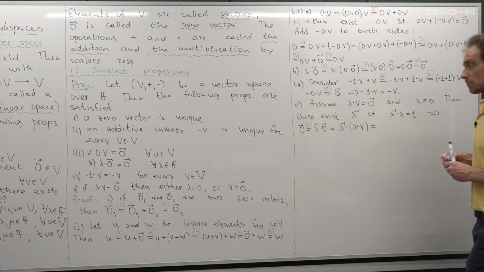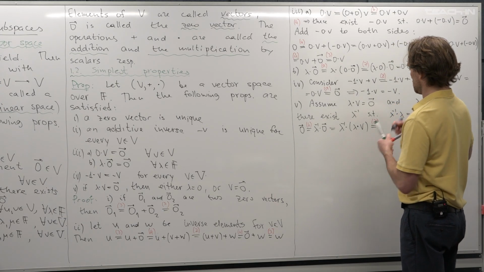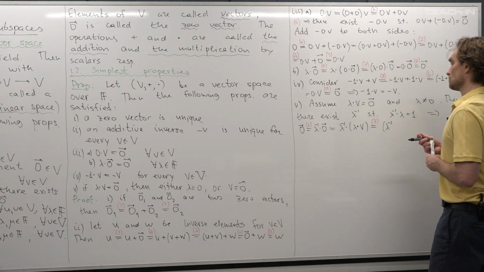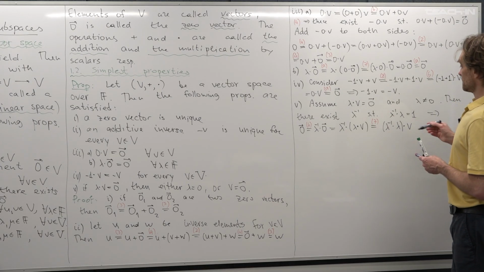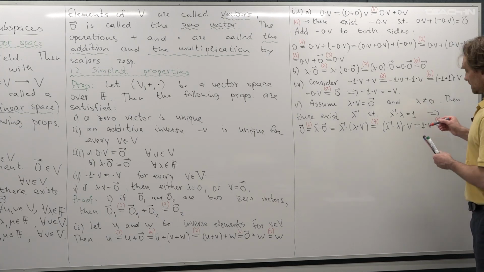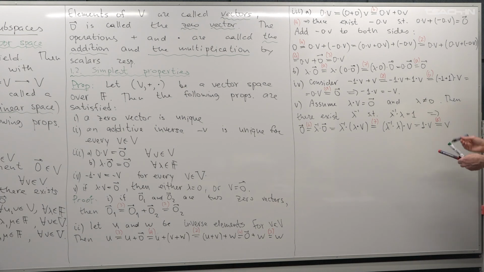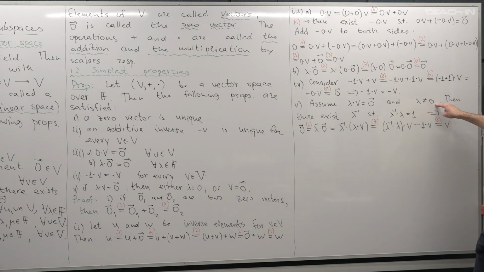And then we are going to use the property number 7. So we get lambda to the minus 1 multiplied by lambda and then multiplied by v. So this is the multiplication in the field, so we get 1 multiplied by v, and according to the property number 8, 1 multiplied by v is just v. So from this assumption and from the assumption that lambda is non-zero, we come to the conclusion that v is the 0 vector. So this proves the proposition.